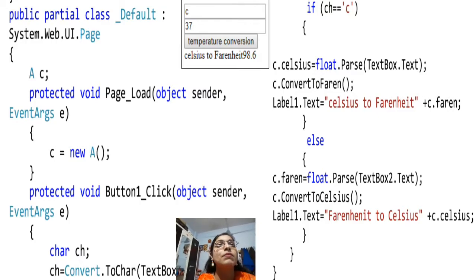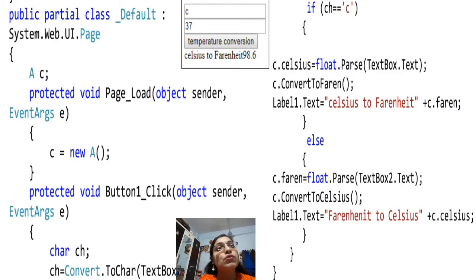So for the same we will write Label1.Text. We want to change the text value. By default the label will show Label1. So in place of that, the message we want to display is within double quotes: Celsius to Fahrenheit plus C.Fahrenheit. Okay, so Celsius to Fahrenheit, and whatever the Fahrenheit value is will get displayed. Just see the output which is present on the current window.